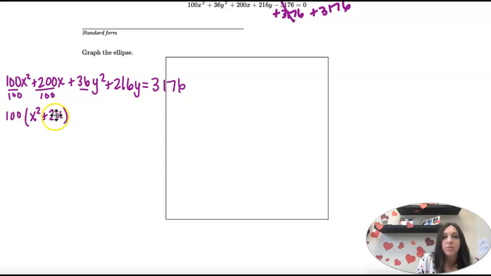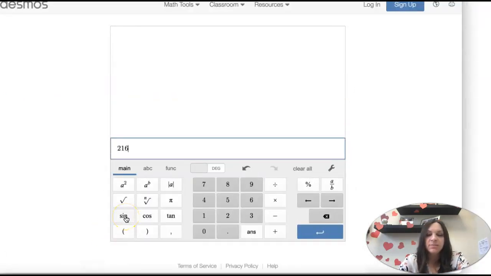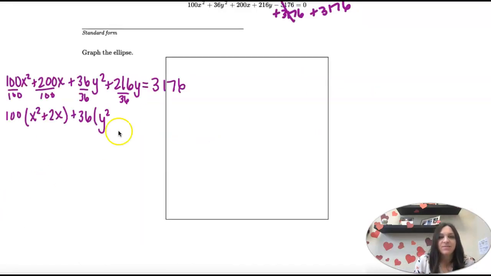Right? If I were to distribute that 100, we'd be back up here. And then we're going to do the same thing with what's next to y squared. So I'm left with y squared, and here, 216 divided by 36 is 6. So this would be y squared plus 6y equals 3176.